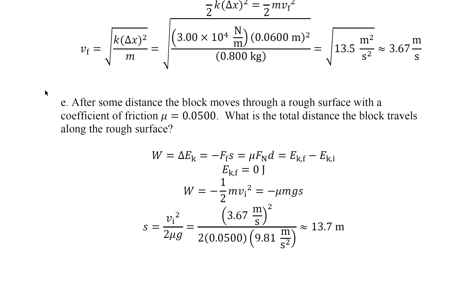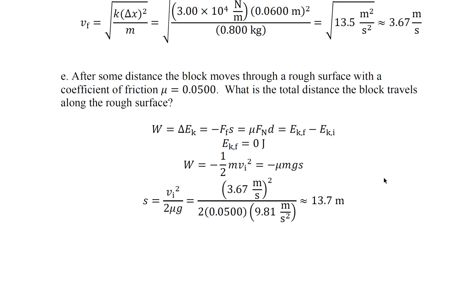Now, we have not learned this equation yet. Hopefully we will in a future video. So work is equal to the change in kinetic energy. So we plug in everything we know, and we get 13.7 meters.